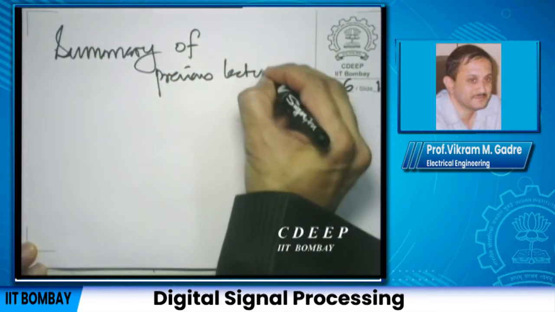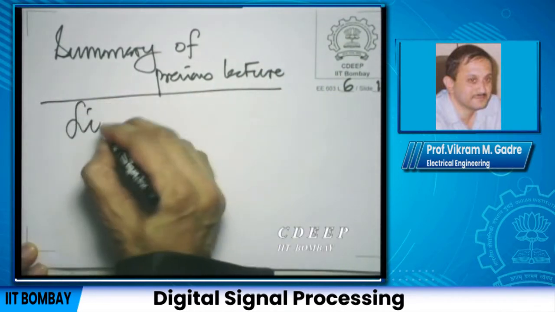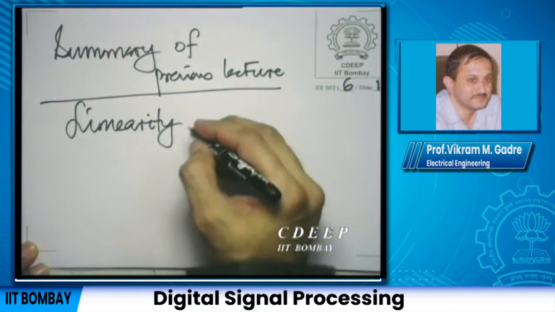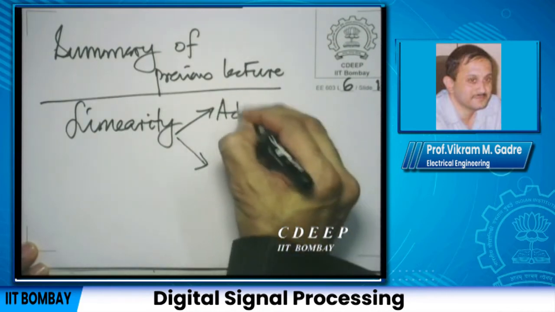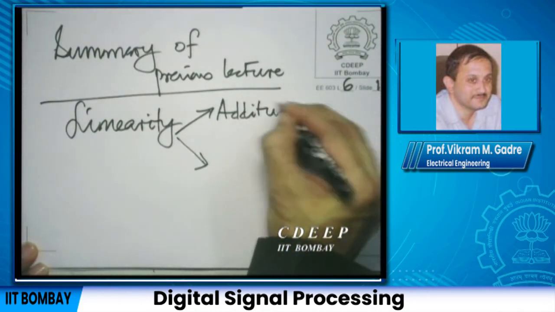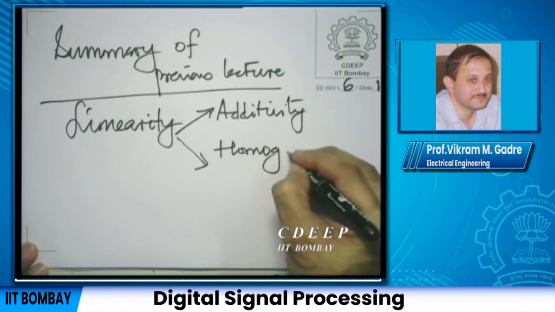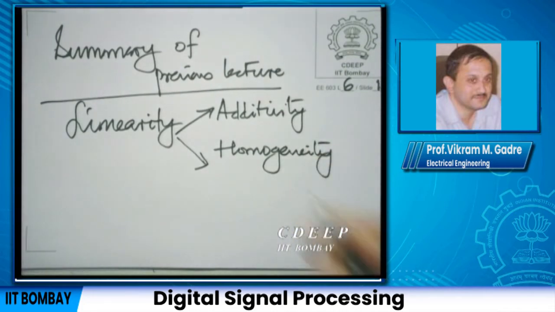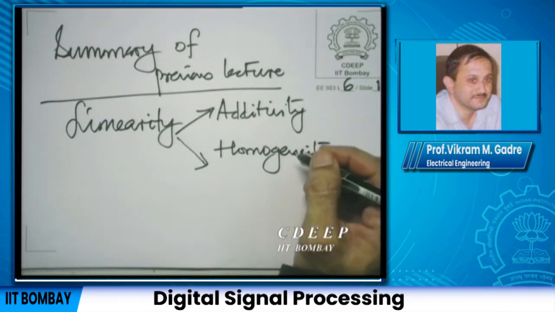So, in the previous lecture, we had essentially looked at linearity and shift invariance. And we had seen that linearity comprises of two properties, additivity and homogeneity. In fact, we had defined additivity and homogeneity by using special cases of linearity.